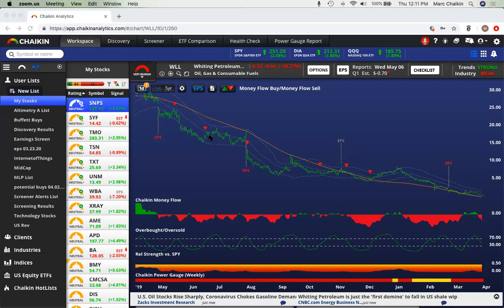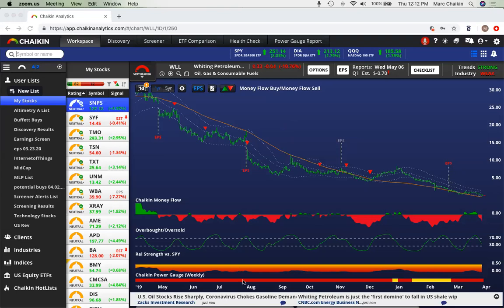Every one of those red triangles, and we've all seen those on TradeStation as either paint bars or signals, is a point in time over the last year when Whiting Petroleum, WLL, rallied above its 8-period exponential and then dropped back below it with Chaikin money flow in the red. So this is a really simple signal.